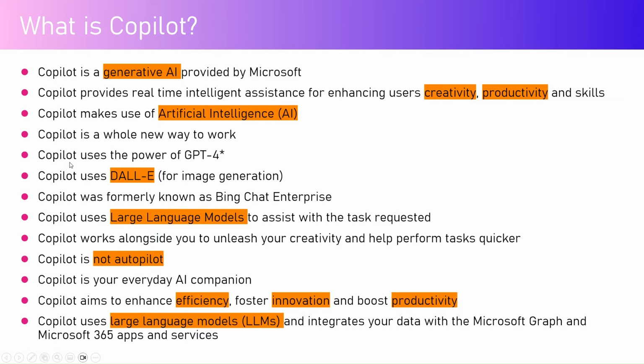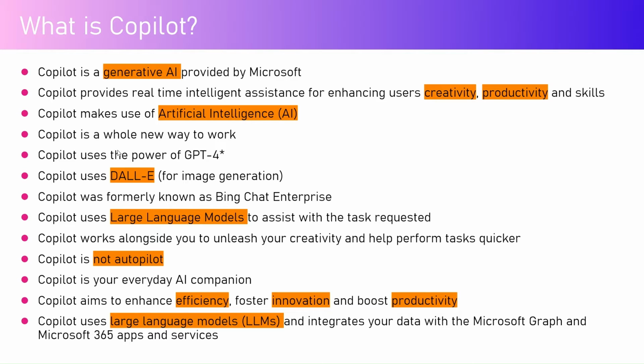Now, what Microsoft has done is use that technology in the Microsoft ecosystem. So, Microsoft's three clouds: Microsoft 365, Dynamics 365, Azure. All these clouds leverage Copilot functionality just to make things easier for you. Copilot uses a large language model to assist with the task requested.